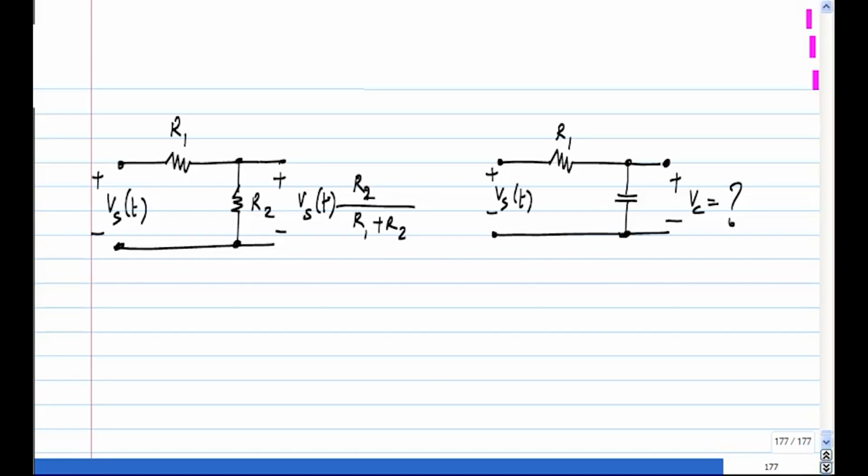First of all, if I have this arbitrary Vs of t, it becomes quite difficult. So first we'll start with constant Vs, constant with time, which is also referred to as DC. I think you're familiar with this term.